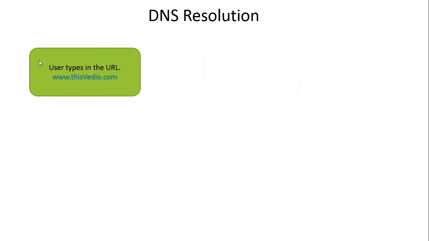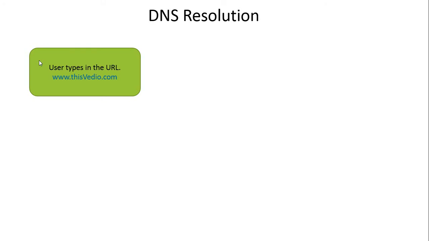So let's assume that the user has typed in a URL, www.thisvideo.com. Now, the first thing that your browser does is look for this URL and try to map it against an IP address.